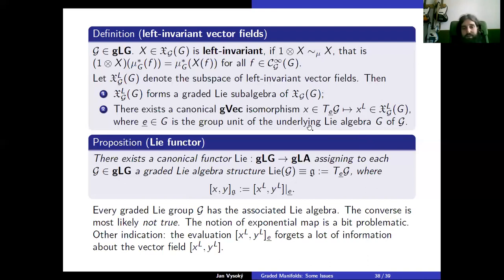One can show that it's an isomorphism, and therefore it's completely the same as ordinary differential geometry. You can take any graded Lie group, take the tangent space at the unit of the underlying space, and define a Lie bracket there, a graded Lie bracket there. And because it comes from the graded commutator of vector fields, it's trivially a graded Lie algebra. So you obtain a functor from graded Lie groups to graded Lie algebras.